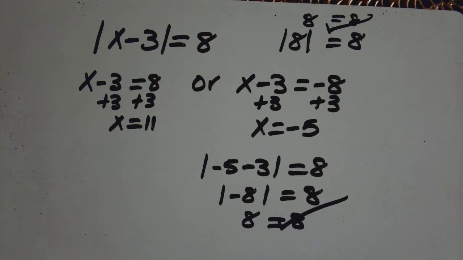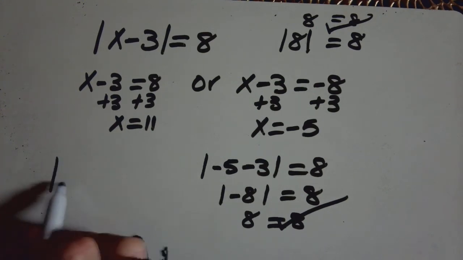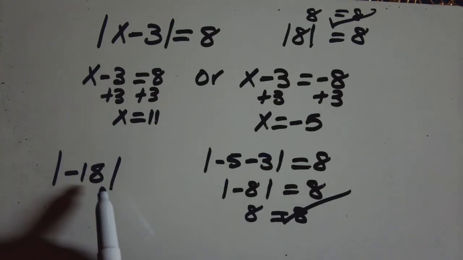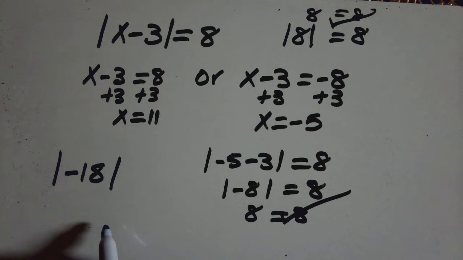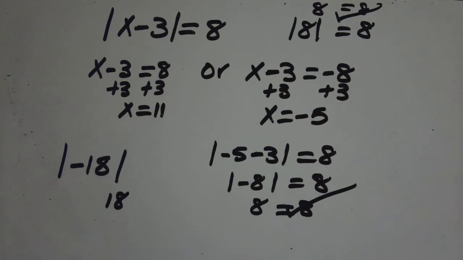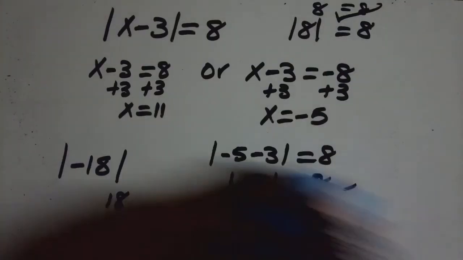So whatever number you have in absolute value, say negative 18, and I ask you what's the absolute value of this, you would always take the positive of it. It's 18, okay? So you can't ever have a negative absolute value. And that's going to be important as we're solving absolute values.